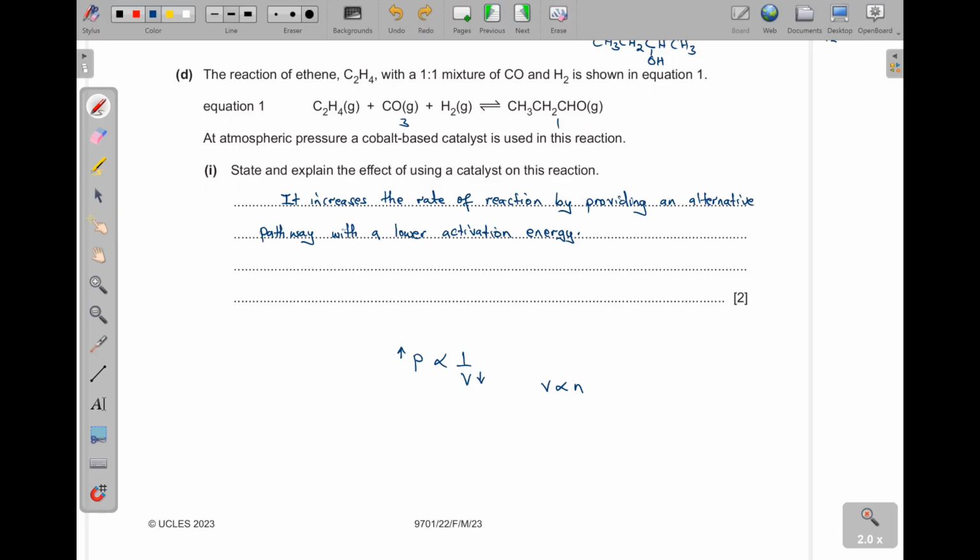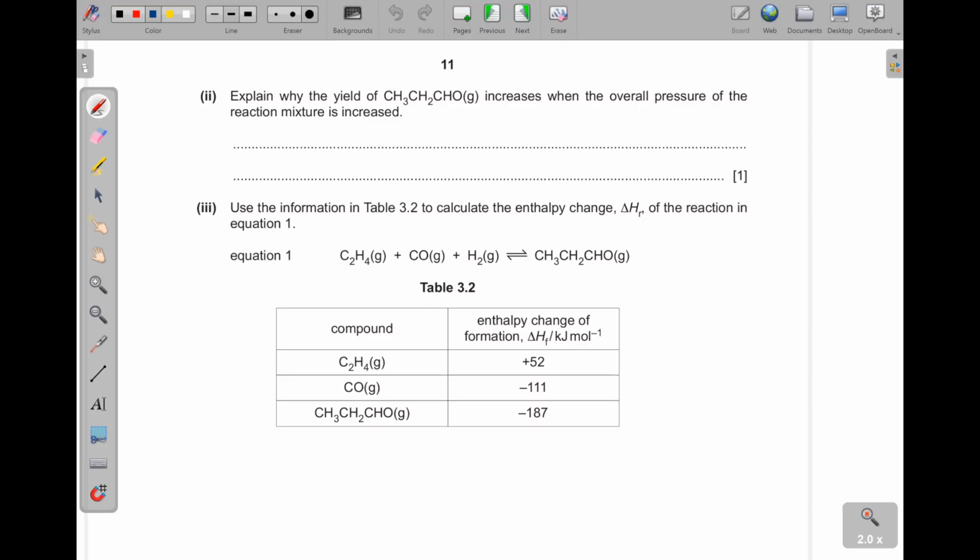So therefore, I will come back here and say that the position of equilibrium shifts to the right side with fewer gas molecules.